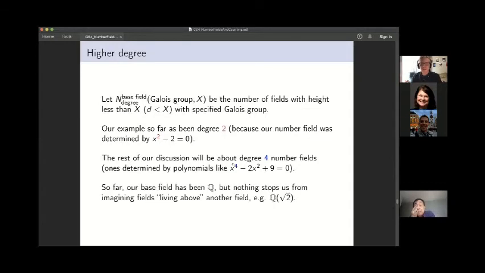And then finally, so far all of our base fields have been living above Q, right? They all contain Q in some sense. They all contain the rationals. But nothing stops you from imagining these number fields living over something else. Maybe you want to think only about number fields which contain Q adjoin the square root of 2.